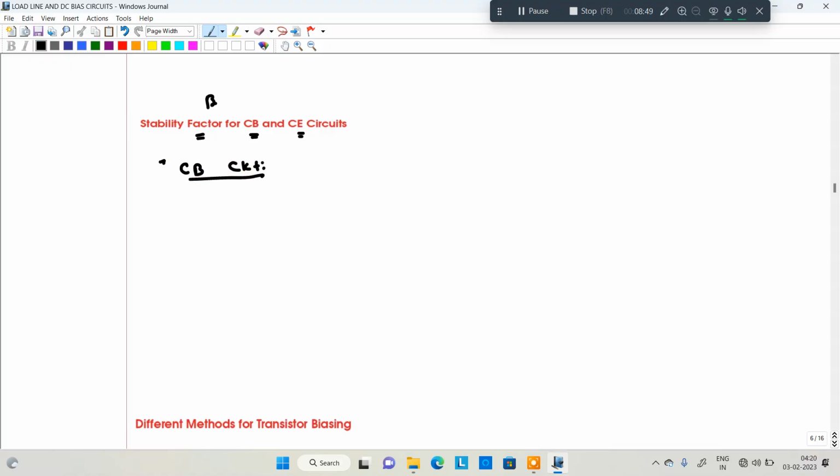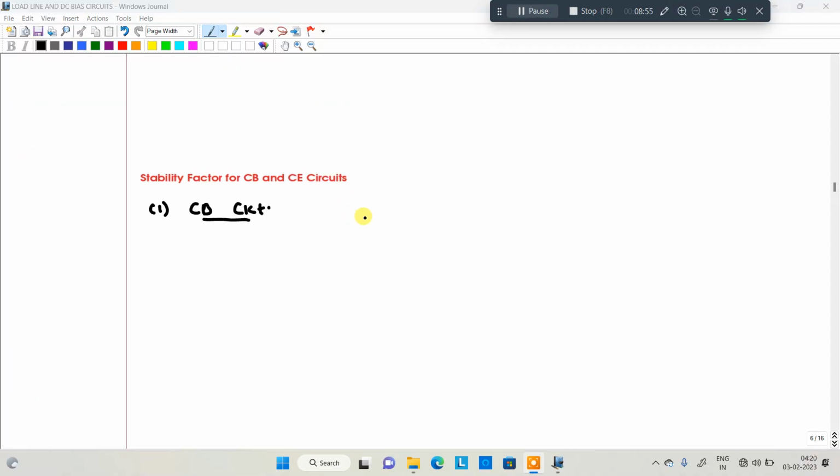In the common base circuit, IC is equal to alpha into IE plus ICO. From that, the stability factor S is equal to DIC by DICO.